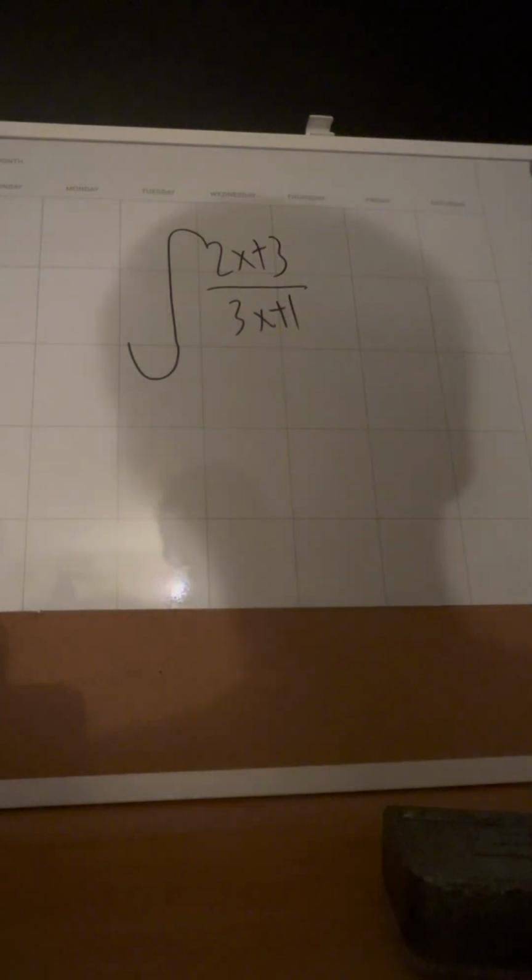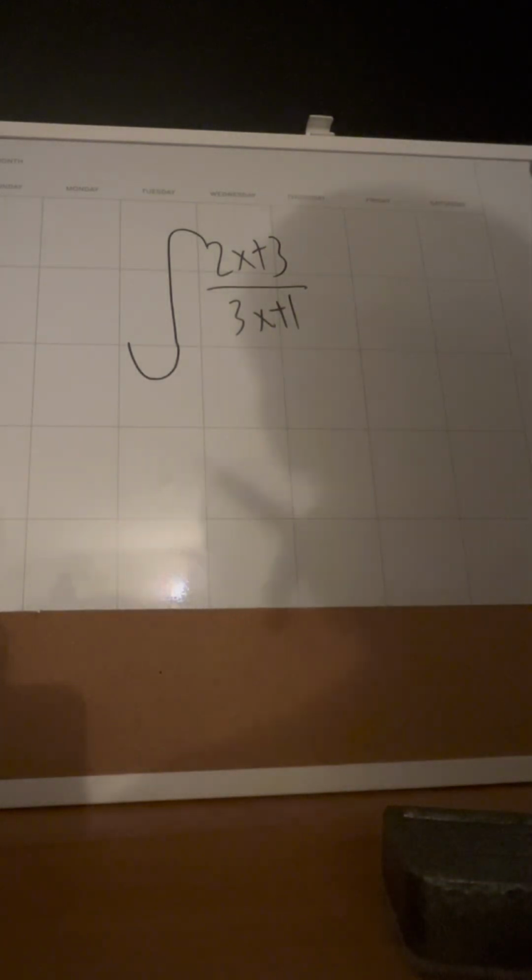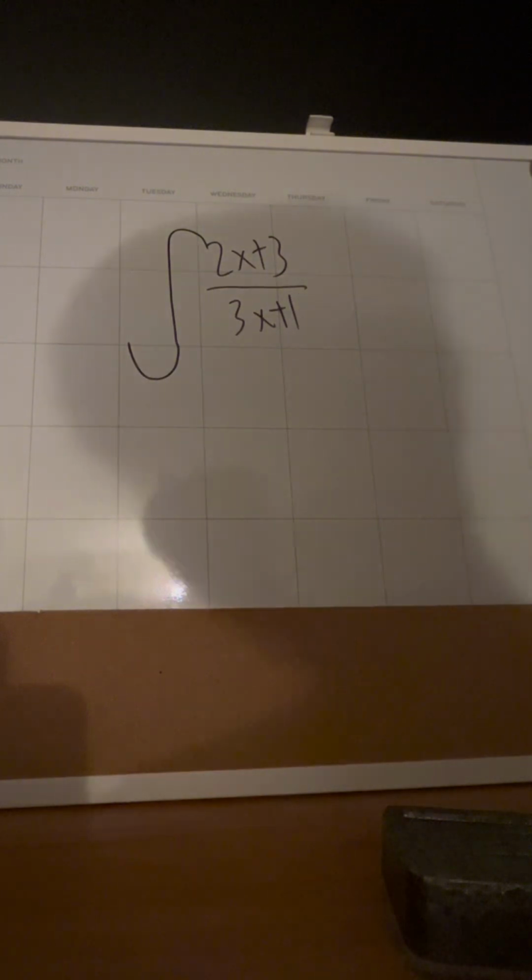Sorry for the interruption. So we will be doing the integral of (2x plus 3) over (3x plus 1). So you may be like, how is he supposed to do this?